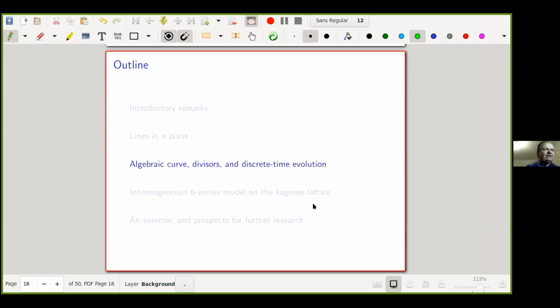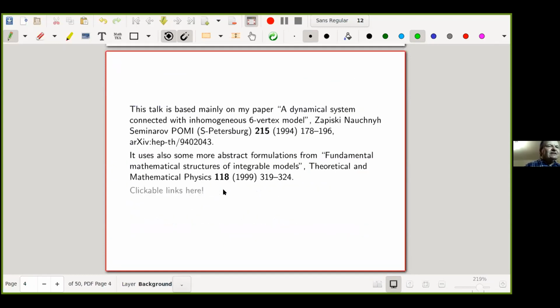I think that it is in the paper called like this.